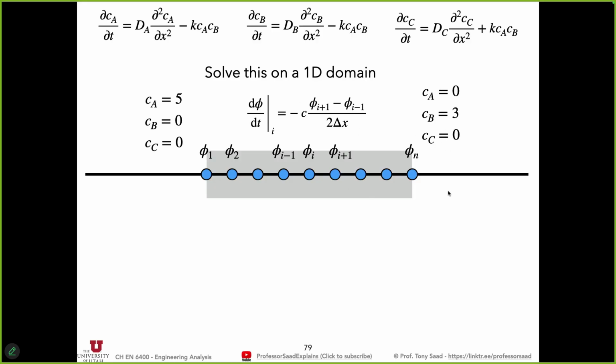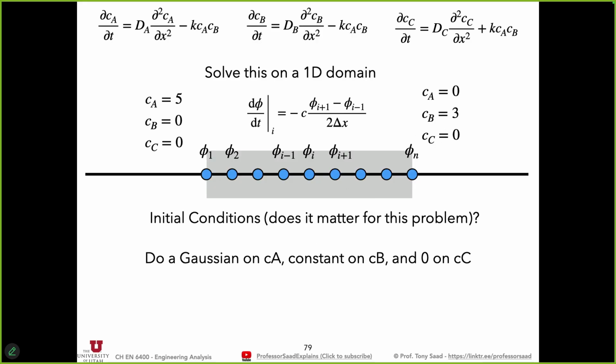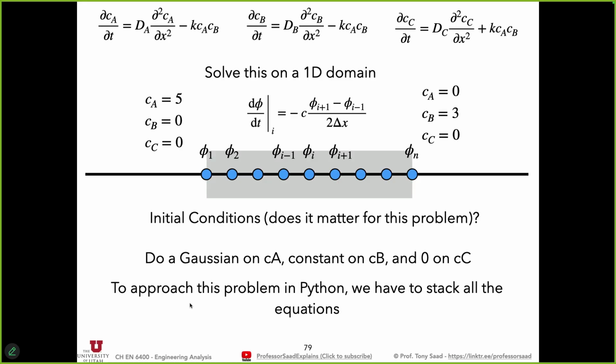So we know how to do this numerically, and with some initial conditions, we can put a Gaussian on A, and then a constant on B, and then 0 on C, or we can play around with that. In the end, it's not going to matter because the Dirichlet conditions are going to dictate the final state of the system.